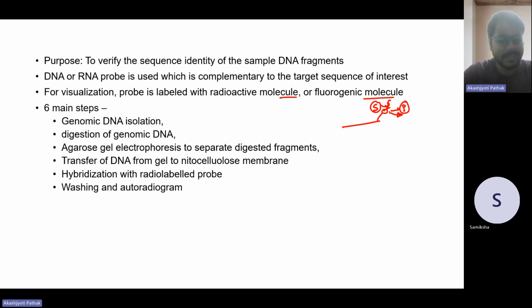It should be positively charged because your DNA is negatively charged, so that it can interact with the DNA. Also, you have to activate the membrane. You have to keep it in a particular buffer so that it gets activated and then can bind to the DNA.